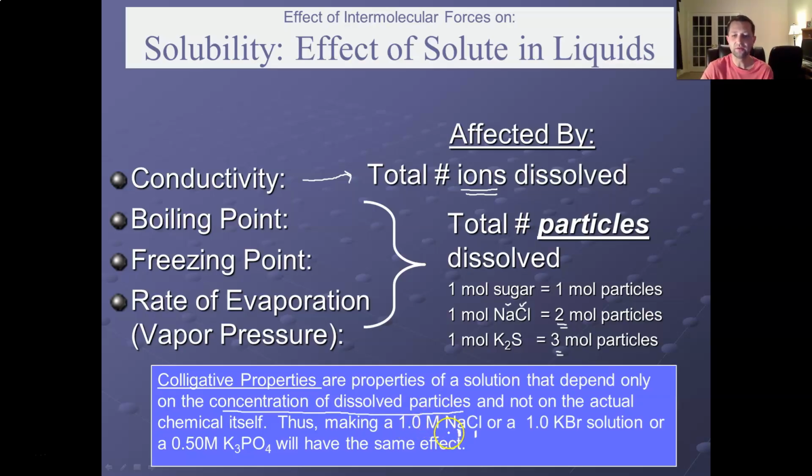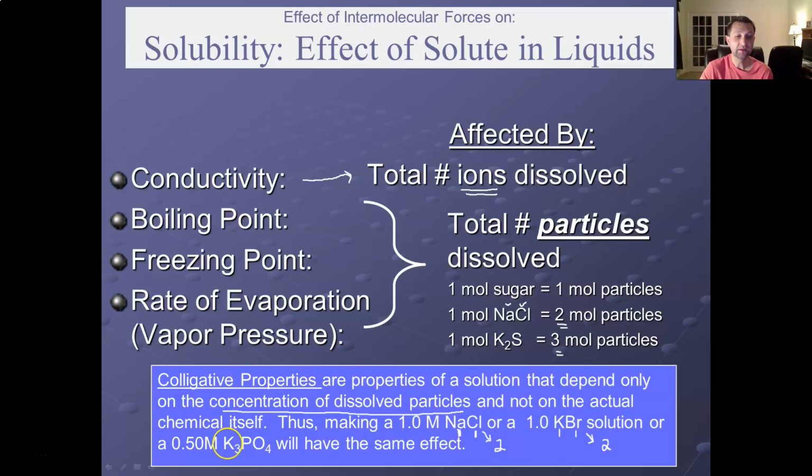So 1 mole of Na plus per liter, 1 mole of Cl minus per liter gives you a total of 2, basically 2 moles of dissolved particles there. KBr is the same way. In 1 molar KBr, you have 1 mole of potassium, 1 mole of bromide. So you get 2 particles again.